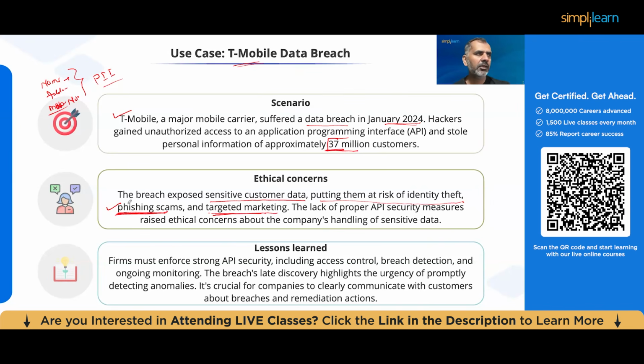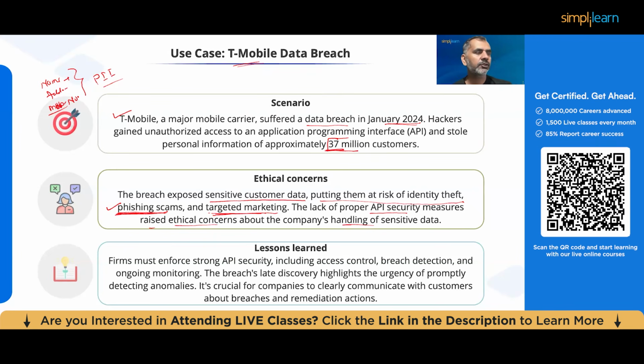When you expose such important information to a hacker community, it can be used for any purpose. The lack of proper API security measures raises ethical concerns about the company's handling of sensitive data. When it happens, obviously customer trust will be lost in the whole process, and customers may not rely on T-Mobile further.